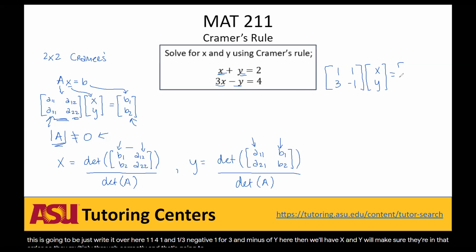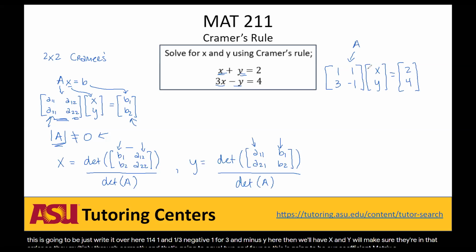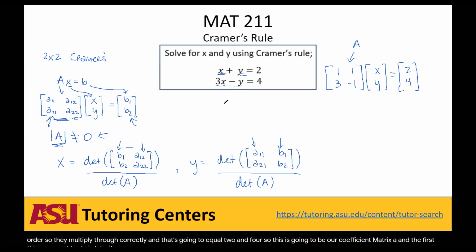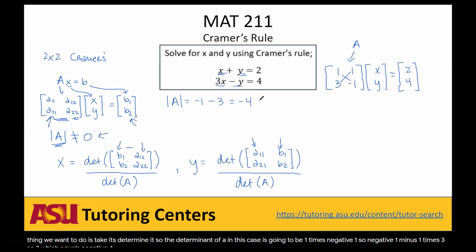And that's going to equal 2 and 4. So this is going to be our coefficient matrix A. And the first thing we want to do is take its determinant. So the determinant of A in this case is going to be 1 times -1, so -1, minus 1 times 3, so 3, which equals -4. And this is, of course, non-zero, so we're good to go with Cramer's rule.